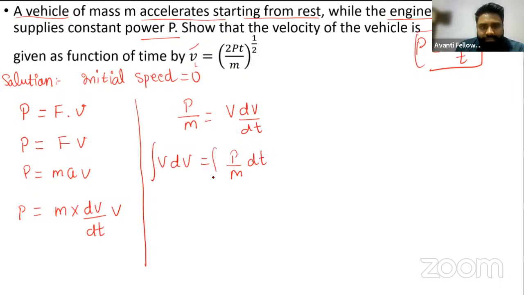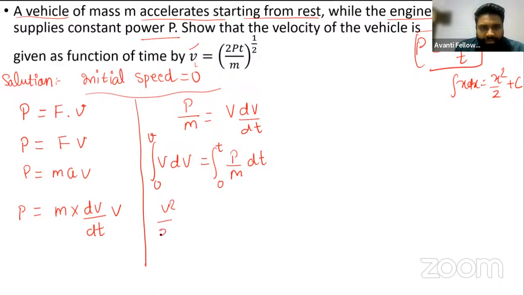Now if you integrate this, you know the limits: at time t equals 0, the initial speed is 0 because the vehicle is starting from rest, and at time t the velocity will become v. The integration of v dv is the same as the integration of x dx, which is x square by 2 plus c. But here we will not take this c because it is a definite integration.